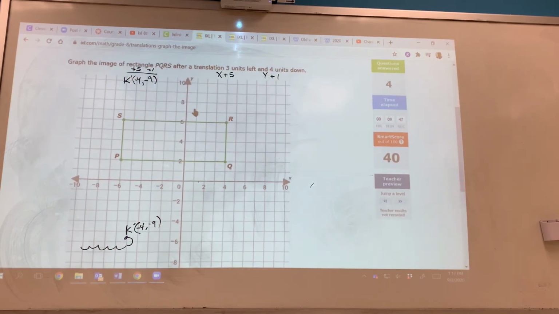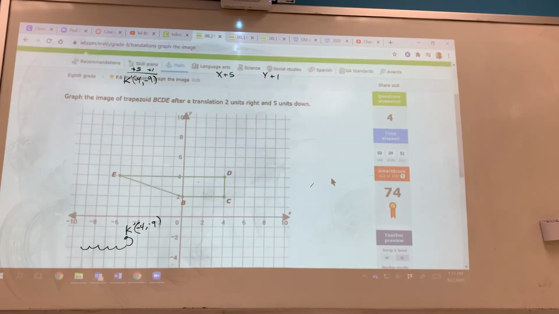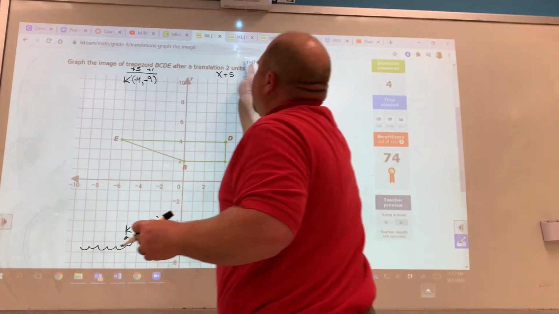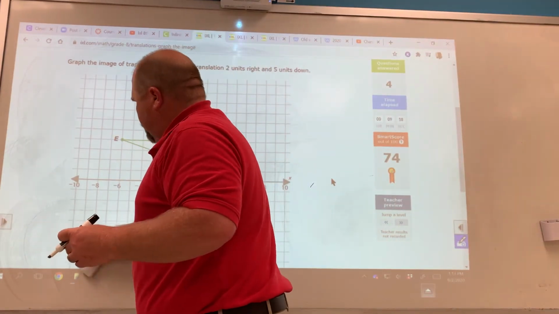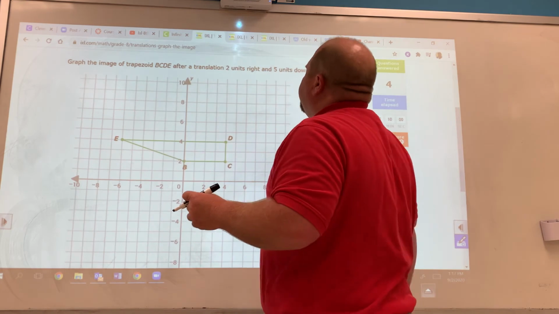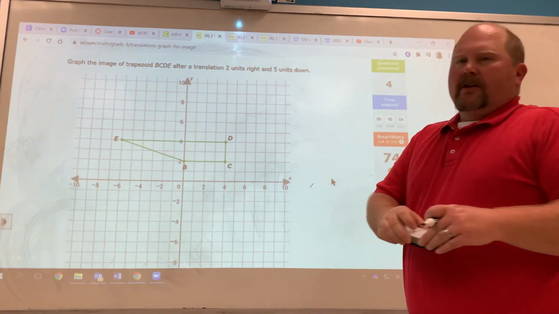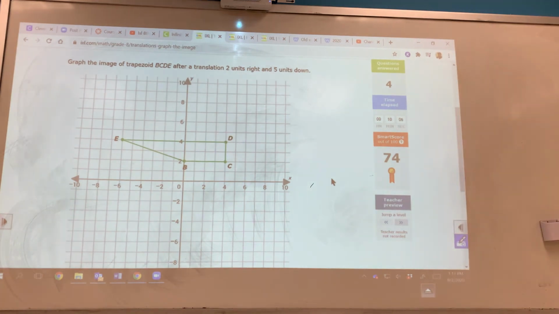All right, let's skip forward a little. All right, 2 units right, 5 down. We're just going to do that one letter at a time. 2 to the right, and 5 down.